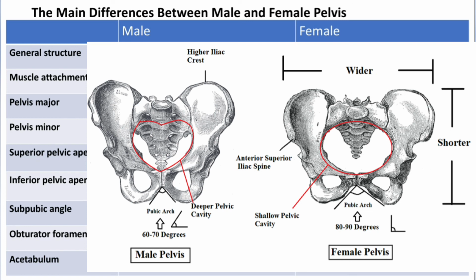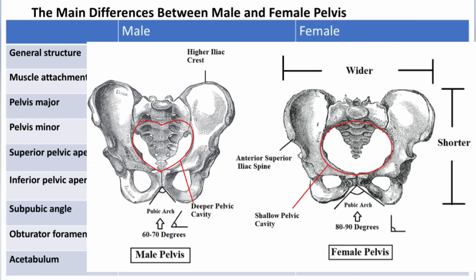The inferior pelvic aperture is comparatively smaller in males when compared to the female one, because the female outlet is large. The subpubic angle is narrow in males and wide in female. The obturator foramen is round in males and oval in females.